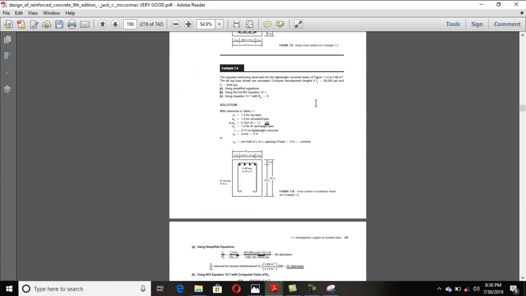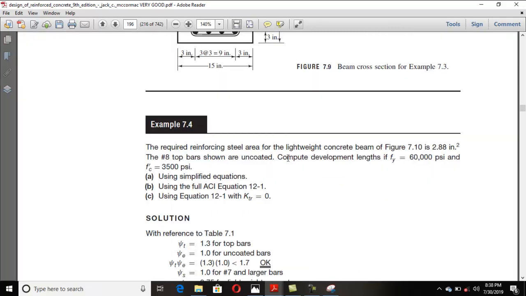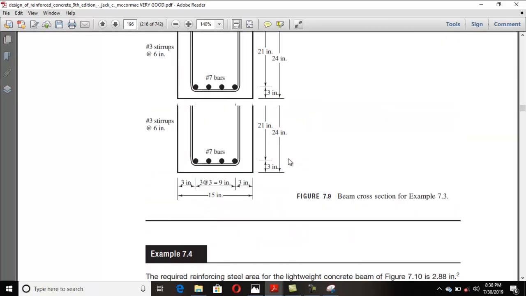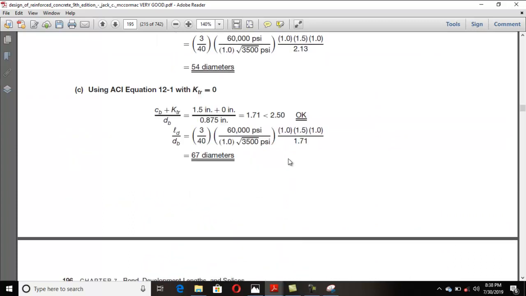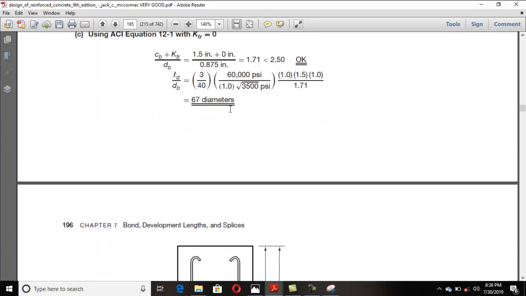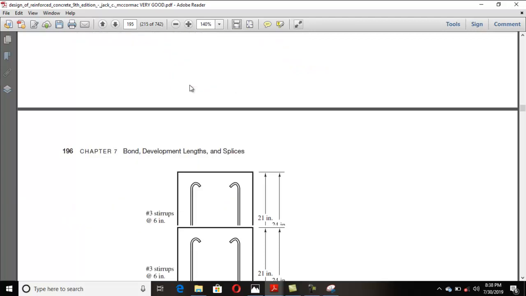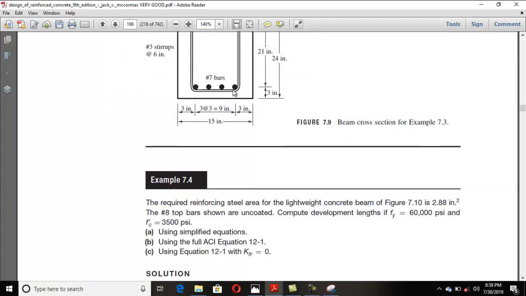If you look and search for this side cover, you must note this difference, because some authors consider it as clear spacing and some consider it as center to center spacing. So if you consider center to center spacing, what are the criteria? Look, this 3-inch side cover is up to the center of this bar from the face of the beam, and this 3-inch bottom cover is up to the center of this bar.